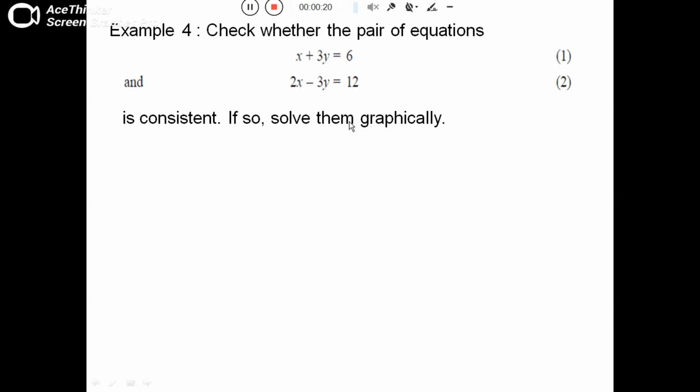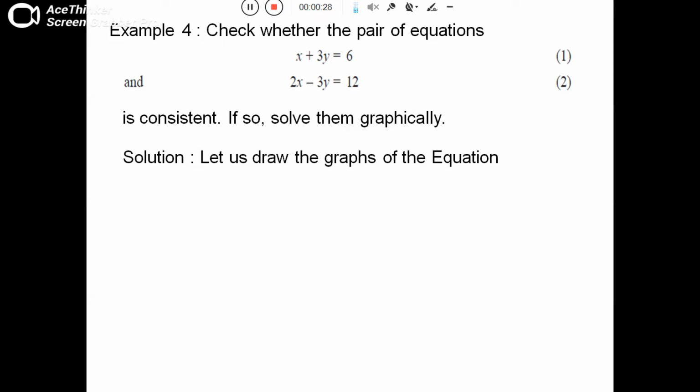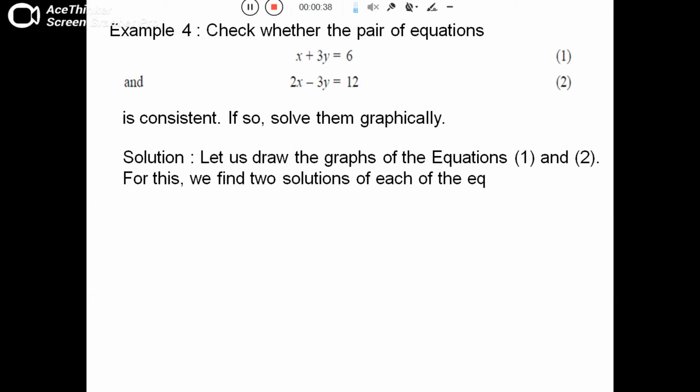So let us check the solution of it. Let us draw the graph of both equation 1 and equation 2. To draw the graph, we find at least two solutions of each of the equations.